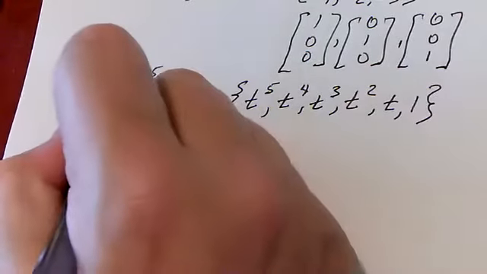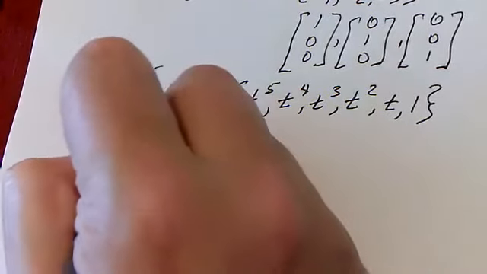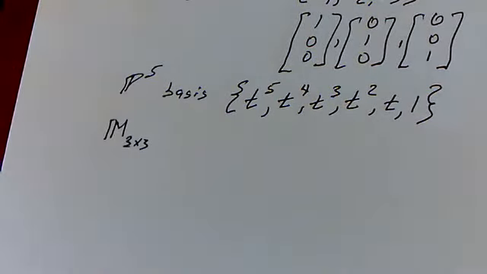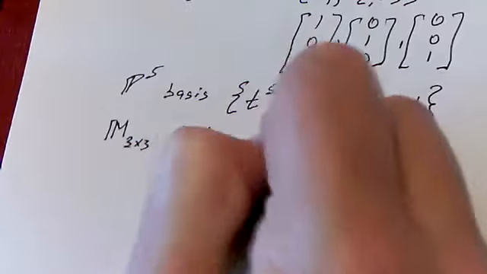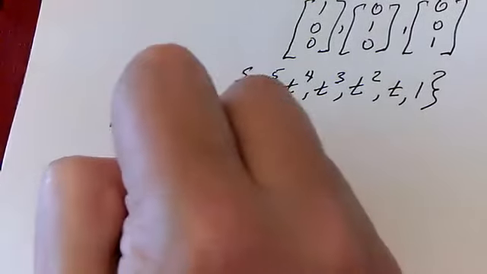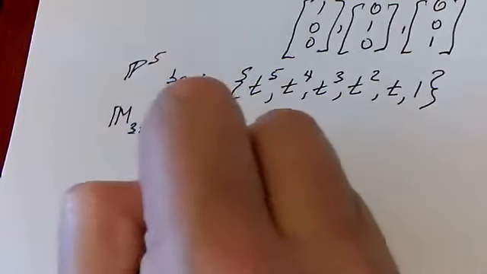Similarly, if I have a matrix space, let's say M 3 by 3, okay? And a 3 by 3 matrix has 9 entries. So this would be 9-dimensional, okay? And you think about what your basis vectors would look like here. You would have one where you had 1 in the upper left.